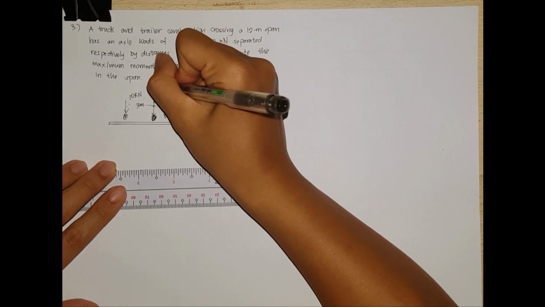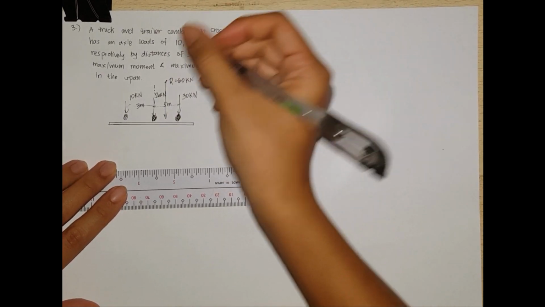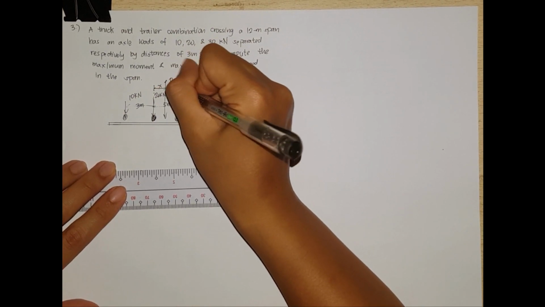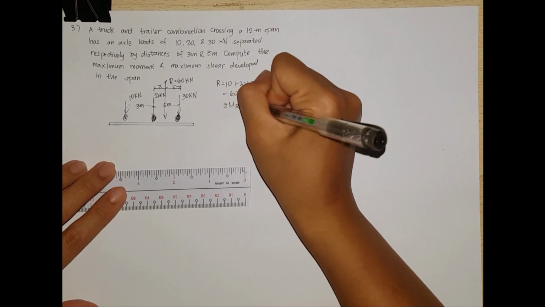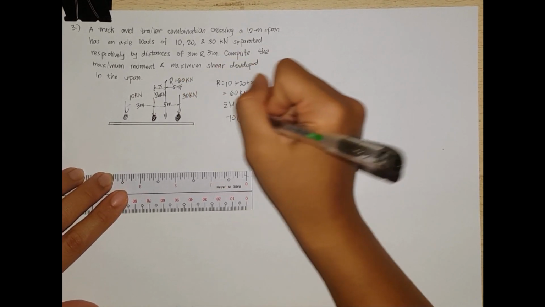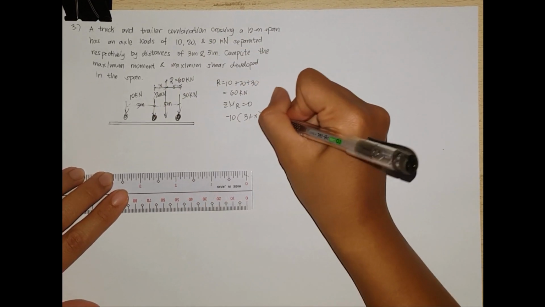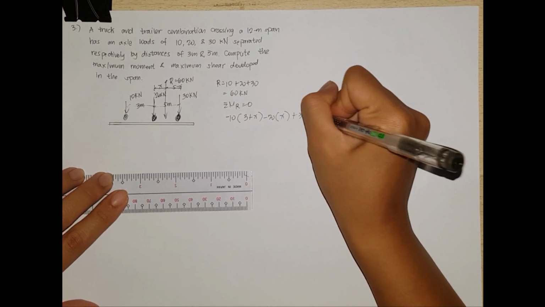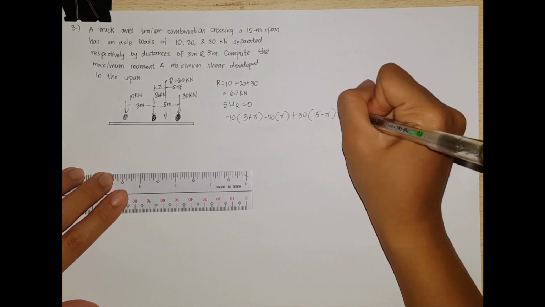So, determine natin ngayon kung tama ba yung assumption natin, at dito yung position ng ating resultant. Let's say this is x, and this is 5 minus x. Taking the summation of moment at R is equal to 0: negative 10 of 3 plus x minus 20 of x, yung moment arm, plus 30 multiplied by 5 minus x is equal to 0.